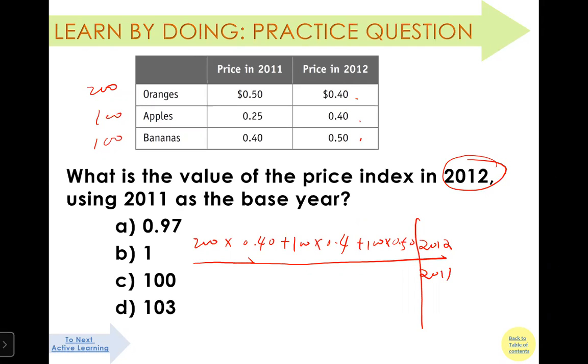And then in 2011, 200 times 50 here, plus 100 times here a quarter, plus 100 times here 40 cents. Okay, and then we multiply by 100 for normalization. So the answer is D.